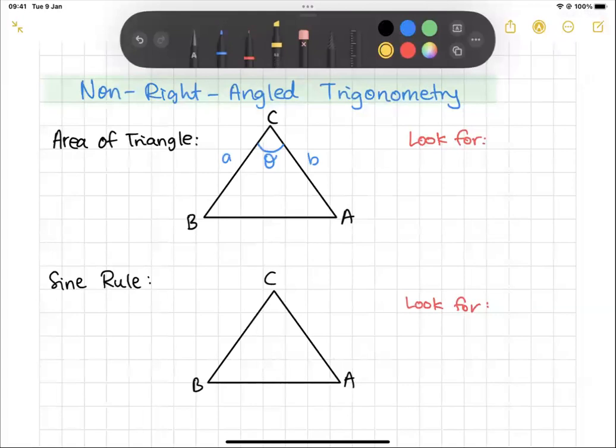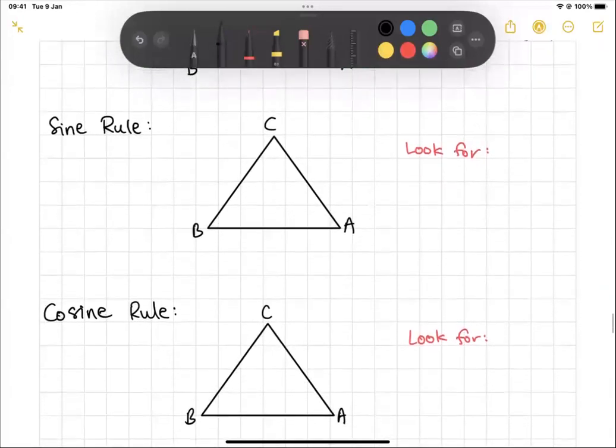One thing that I need to look for is a TP type of shape. So let's just put in our formula here. Area of a triangle equals half times length A times length B times sine C. That's what I need to look for, area of a triangle.